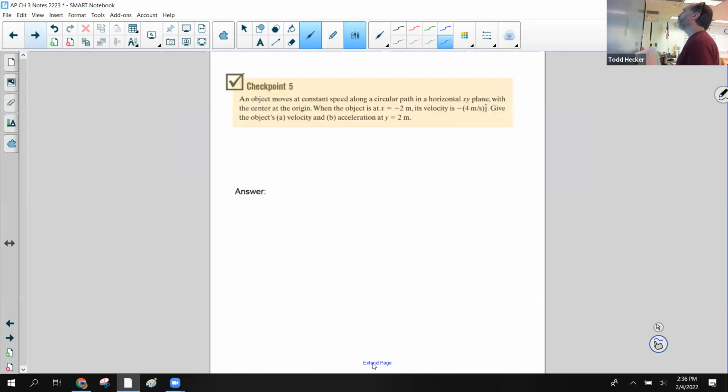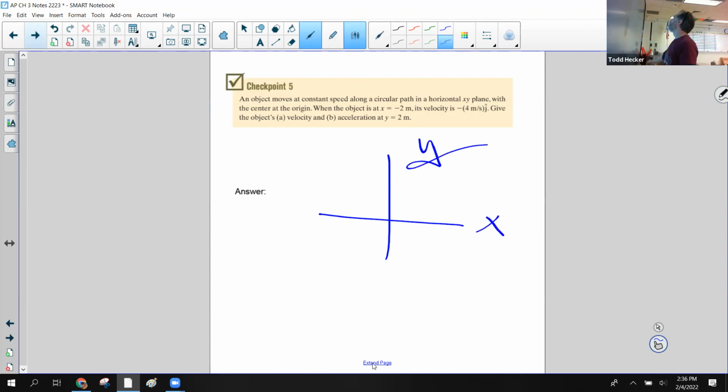Let's see. All right, so let's do this example here. It says an object moves at a constant speed along a circular path in a horizontal XY plane. So let's draw our little XY plane here, X, Y. It is going in a circular path with the center at the origin. When the object is at X equals -2, the velocity is -4j meters per second.